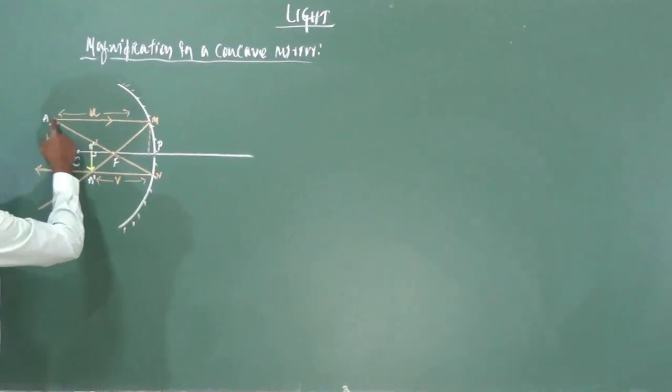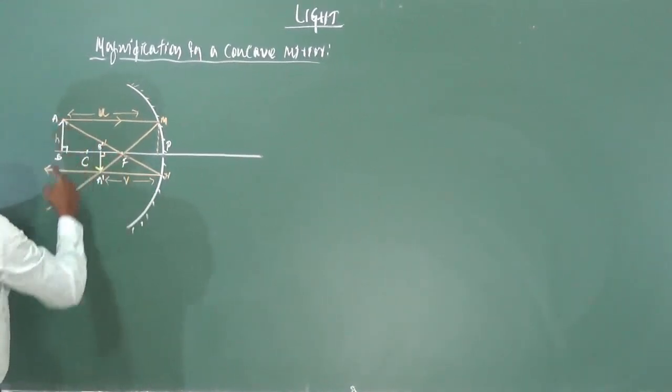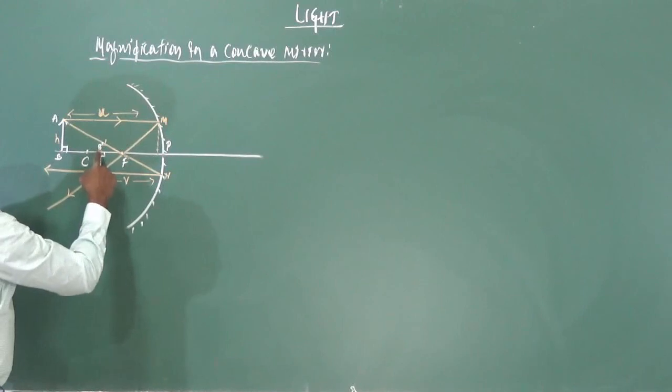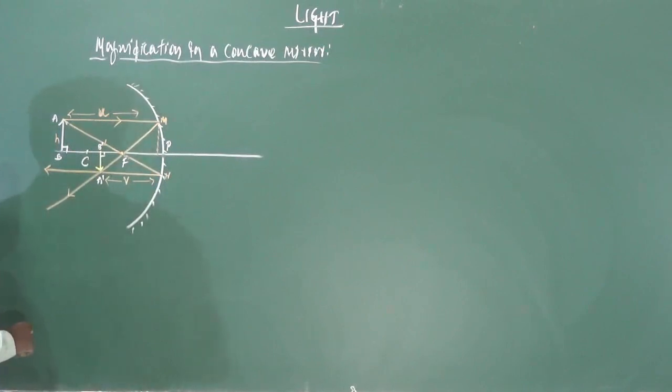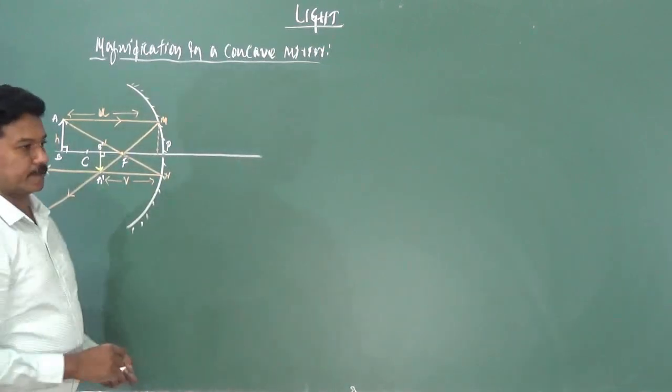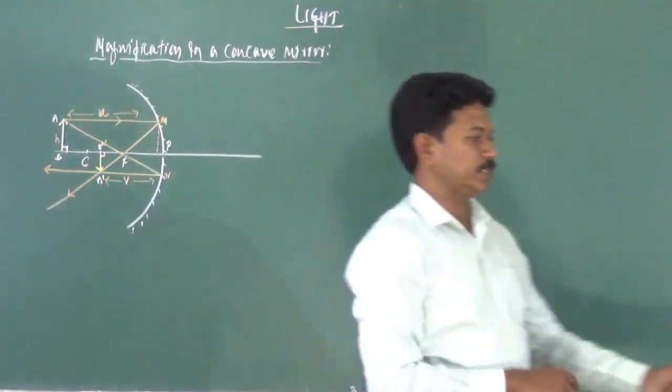Now triangle ABF. We will do one thing. I will make it still easier.